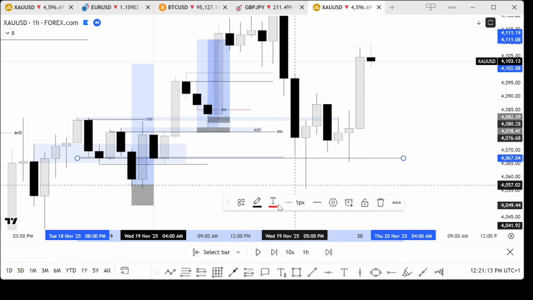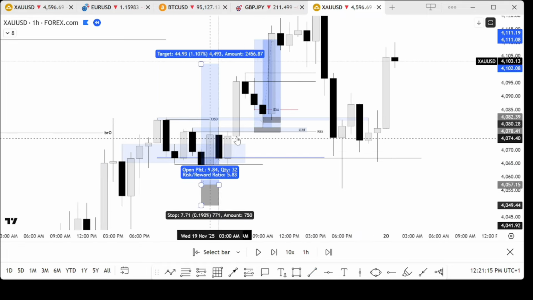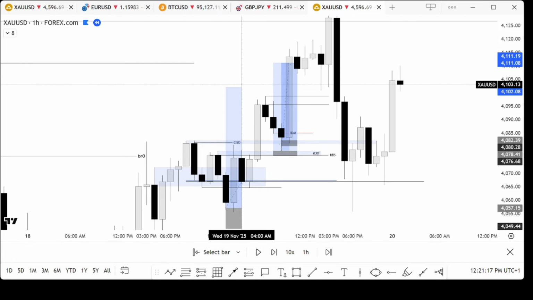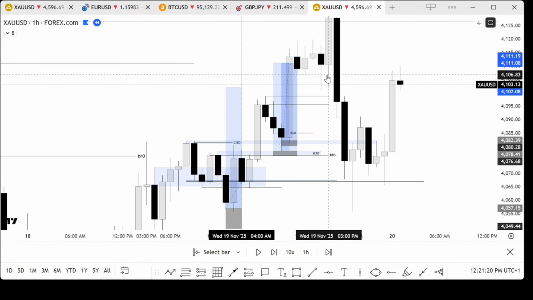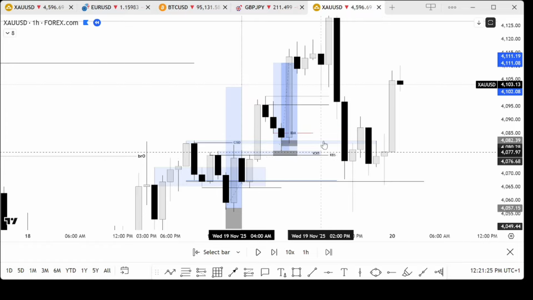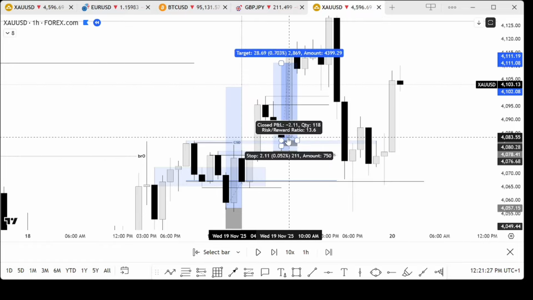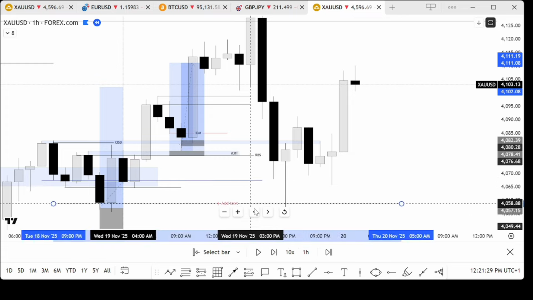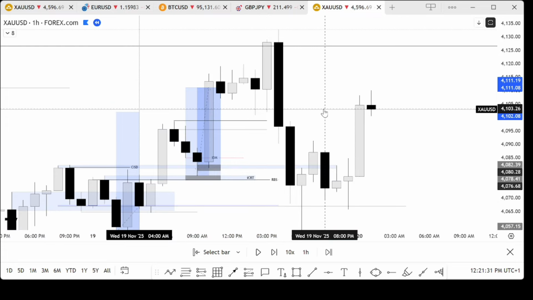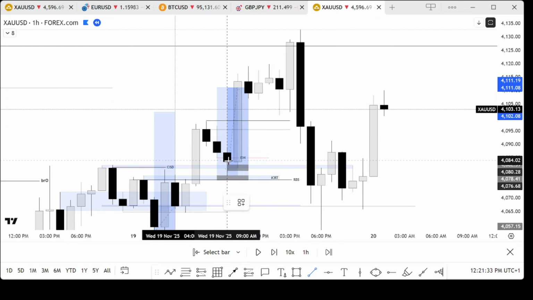And if we are to do that, and of course, take note, look at how far it is. Look at how far it is from here. So we could potentially use this particular level, 1 hour rather, for the breakout. So if we're using the 1 hour for the breakout, where would the breakout be? Is it here? Is it here? Or is it this one?